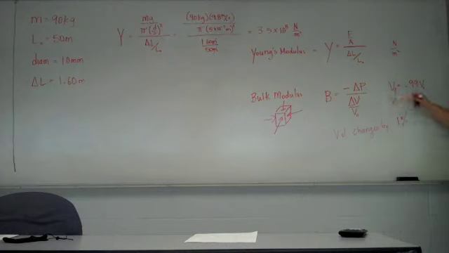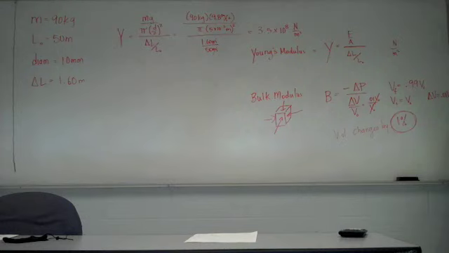V initial is V naught. So delta V, V naught minus 0.99 V naught, is 0.01 V naught. So we get 0.01 V naught over V naught. That is the strain.